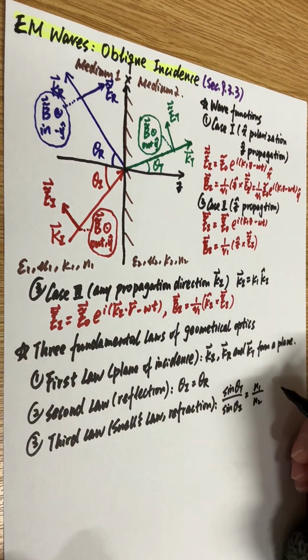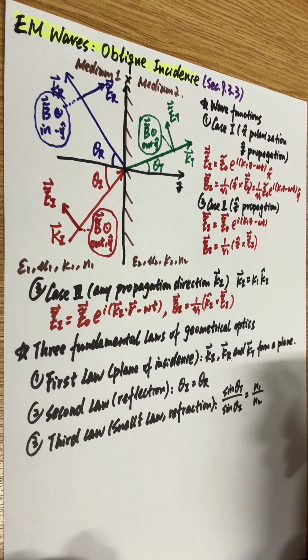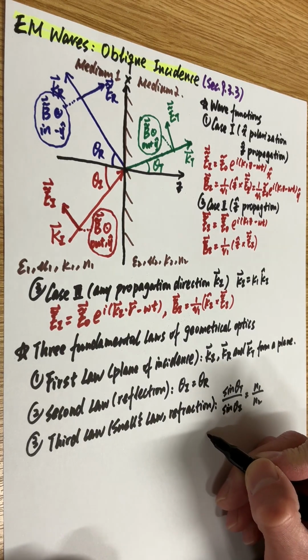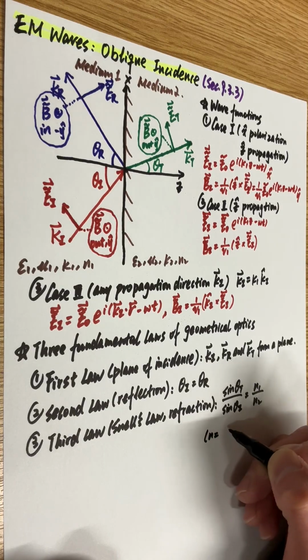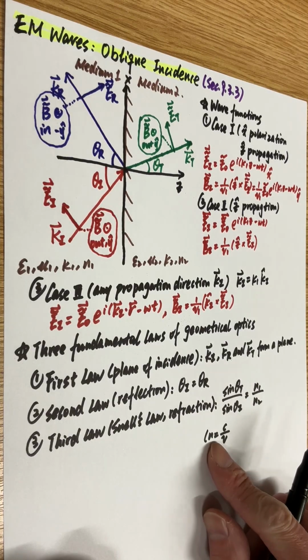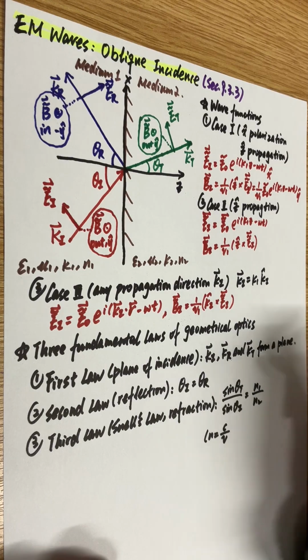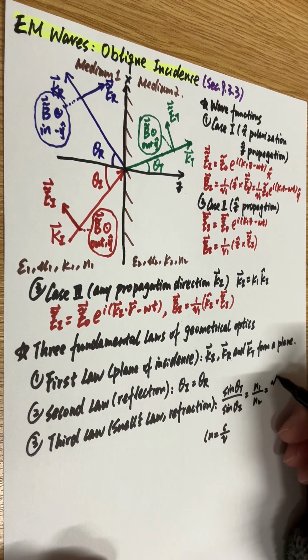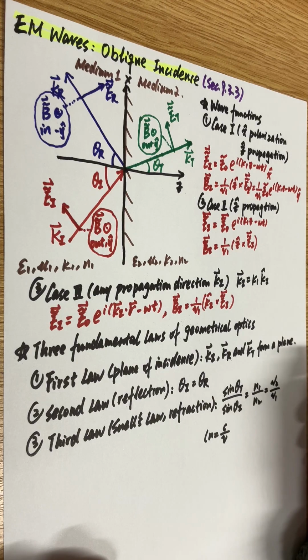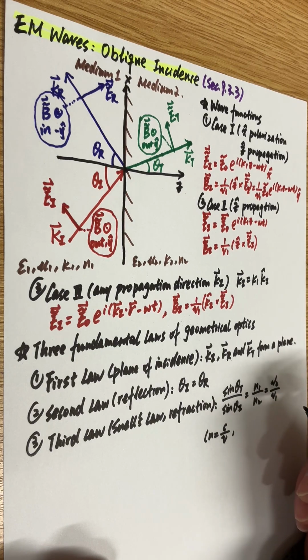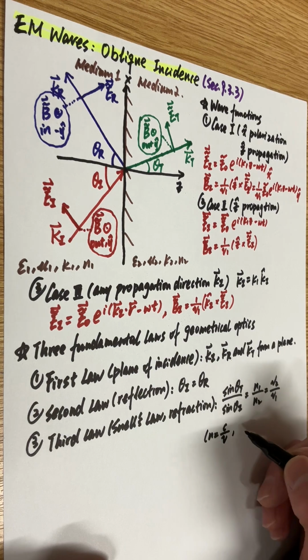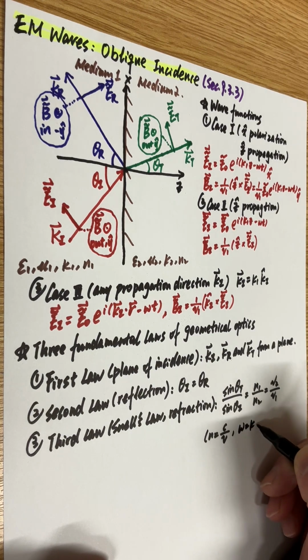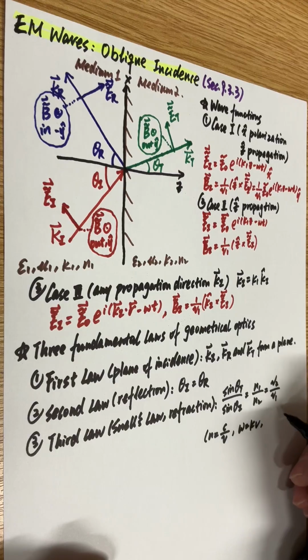If we extend this a little bit further for the sake of calculation, we know the definition of n equals c divided by v. So n is inversely proportional to v, so this also equals v2 divided by v1. And we also know that the angular frequency equals kappa v, or we can write this as v equals omega divided by kappa.